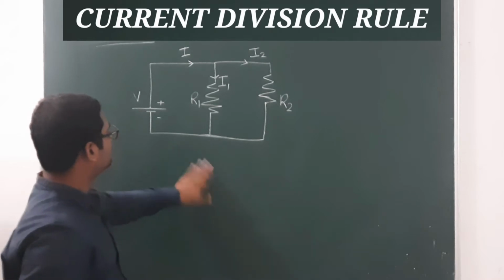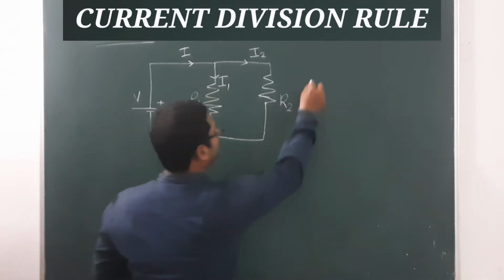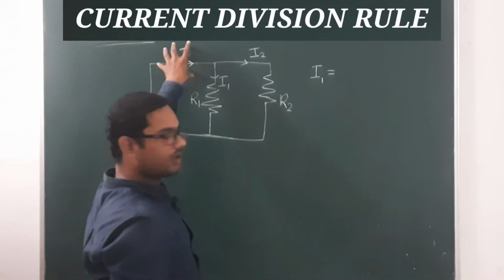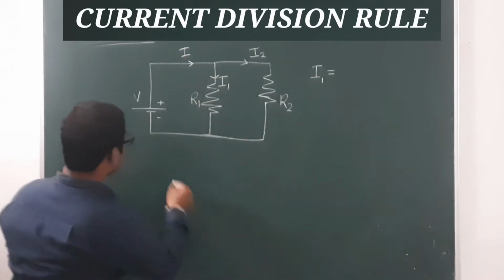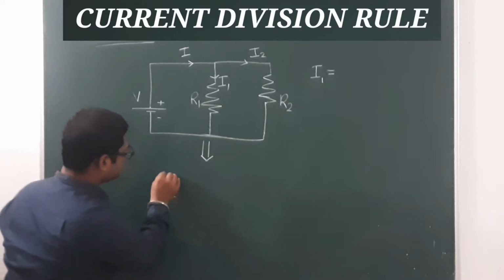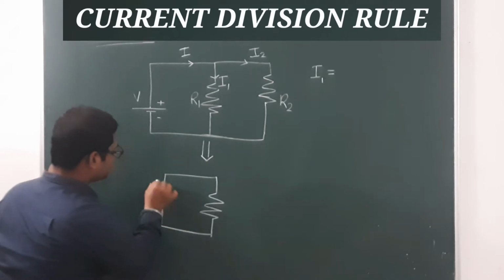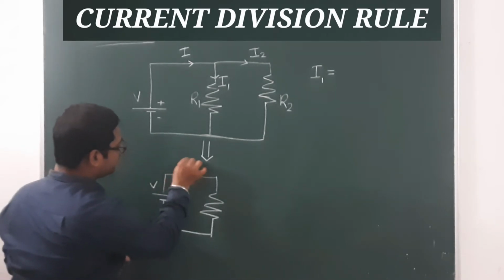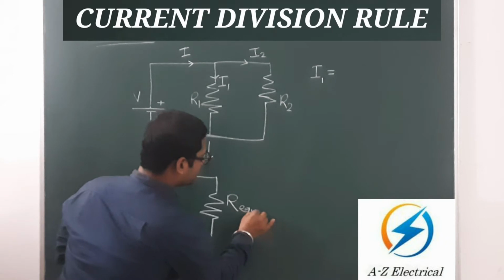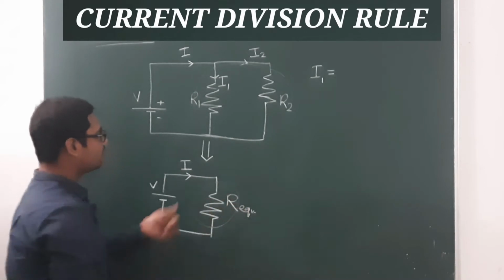With the current division rule, we can find the current of resistance 1, I1, from the source current. If I redraw the circuit, this is the voltage, this is the current, and this is R equivalent, the parallel combination of these two. So you can find out the I here.